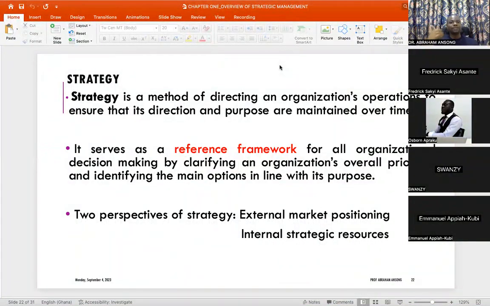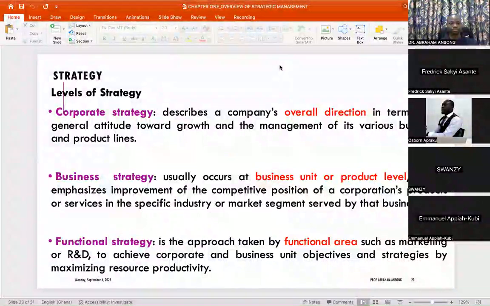It's the external environment that will show the opportunities and how to position yourself well to take advantage of that. The internal environment will help you to know the resources and the strengths that you have and how to leverage these resources in order to take advantage of the opportunities. And all of this will come as a result of a good strategy.